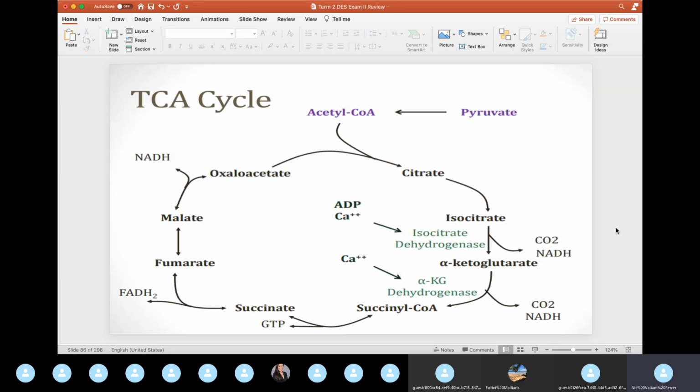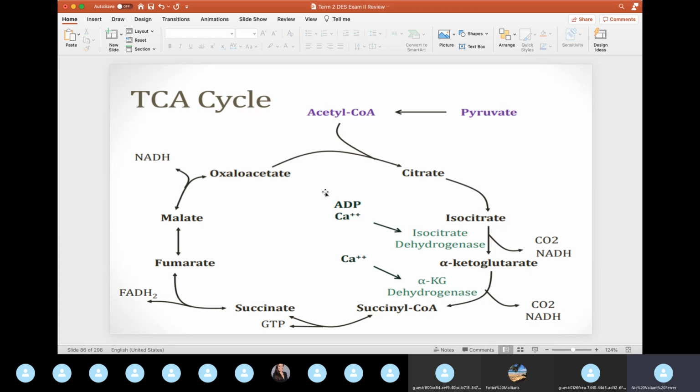As I've said before, if there's a low energy molecule like ADP and calcium, you need to stimulate the TCA cycle. You need to make more of the intermediates of your TCA cycle.